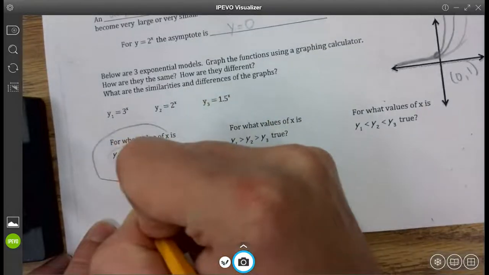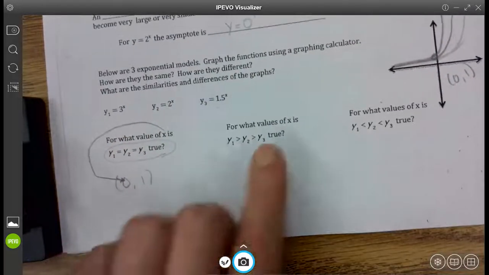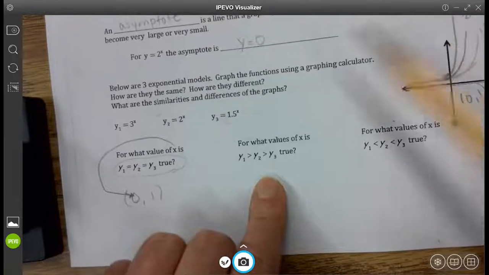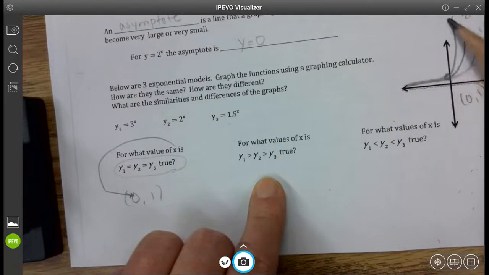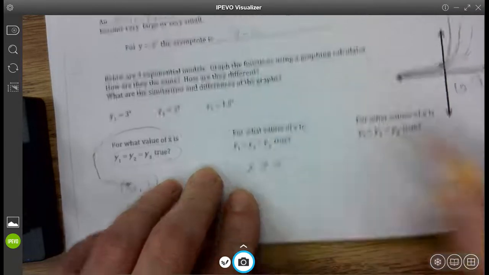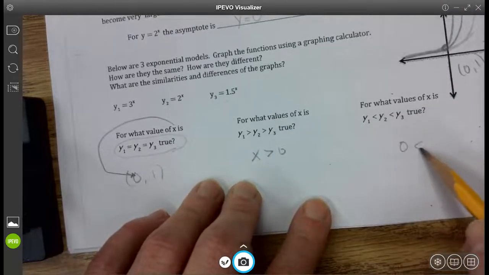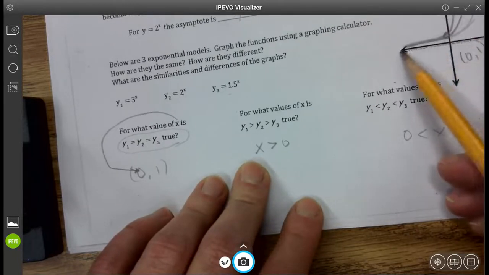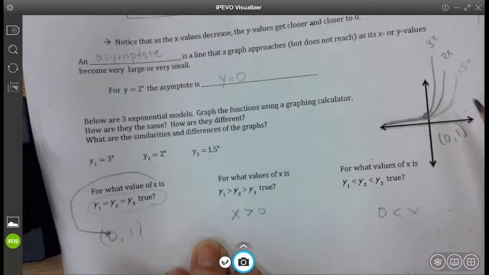For what value of x is this one the greatest? So when the numbers get to be more positive, this is true. And when the numbers are negative for x, this is true. You can see it better on your graphing calculator.